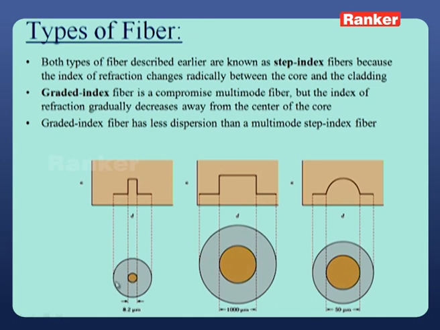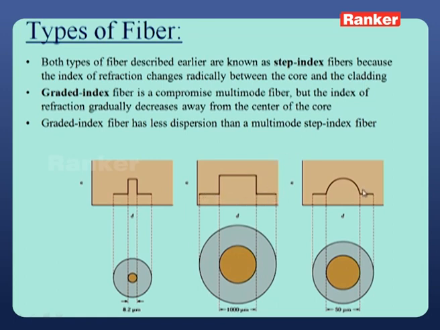And this is a single mode fiber. It has a very narrow or very thin core, and this is a multi-mode fiber which has a slightly broader core. Here also it is a step index fiber, with a single refractive index for the core and a single refractive index for the clad.